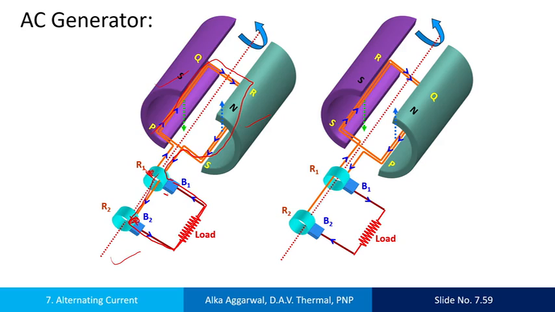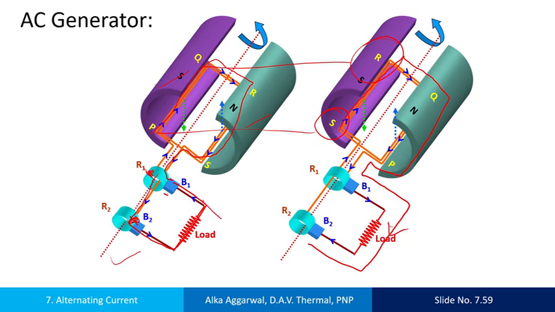After the half rotation, S takes the position of P and R takes the position of Q. And so after the half rotation, the current is flowing from S, R, Q, P, B1 to B2.